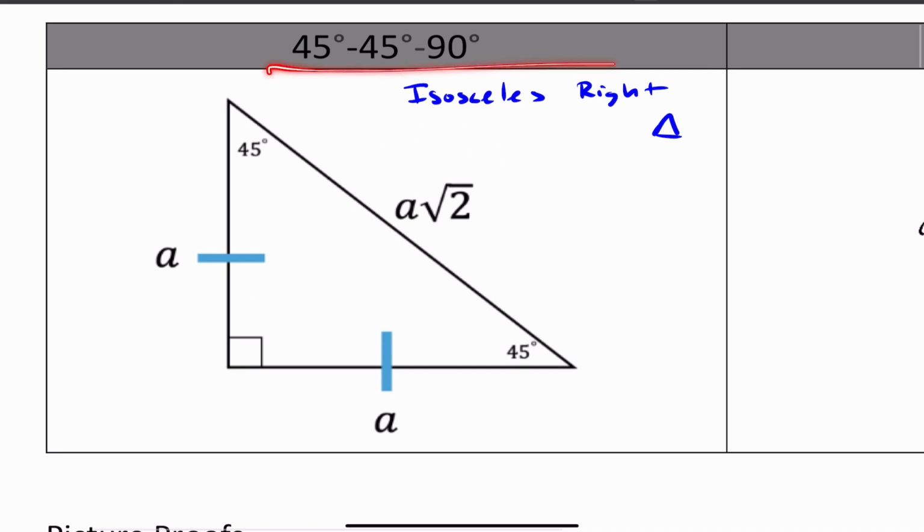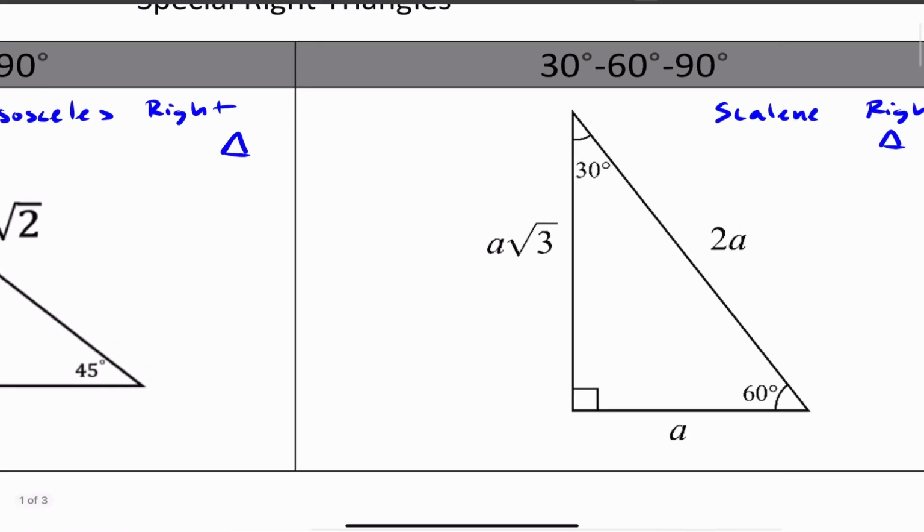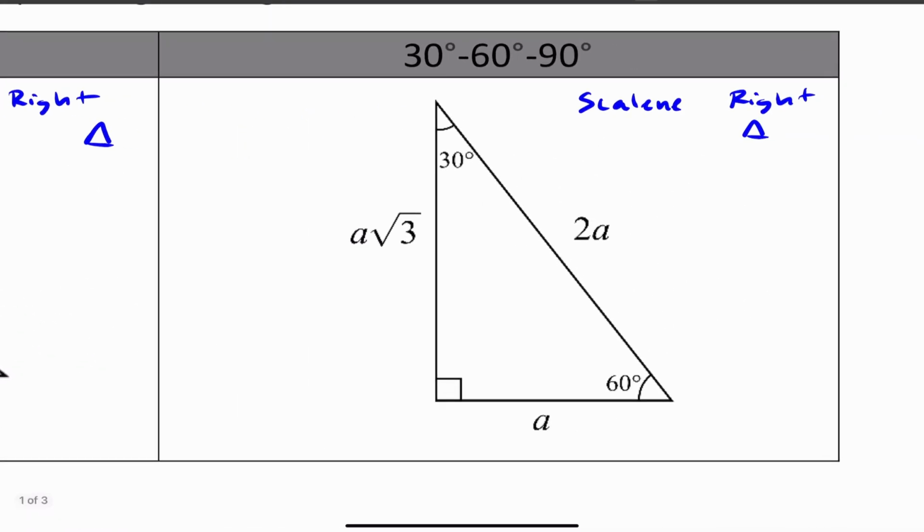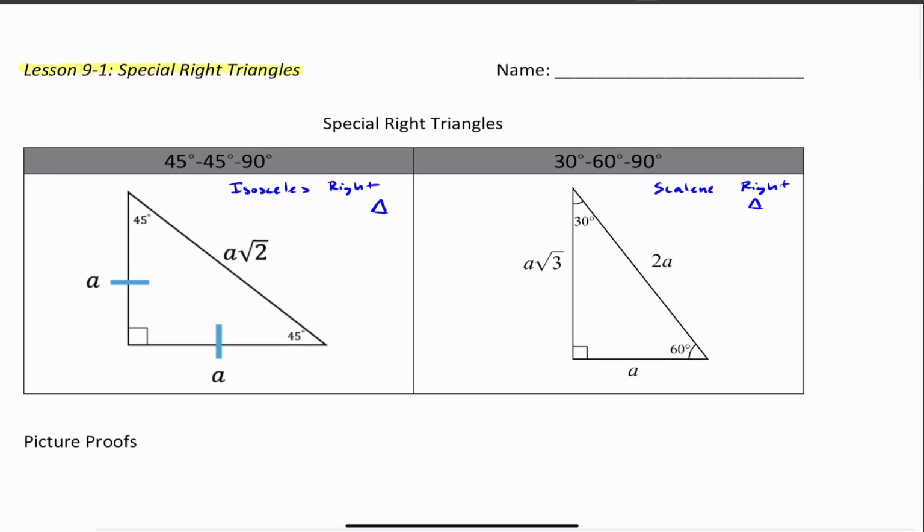Over here, this is a 30, 60, 90, where the legs are A and A root 3, and the hypotenuse is just 2A.